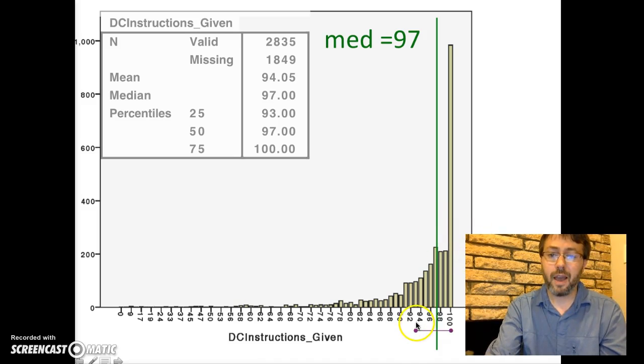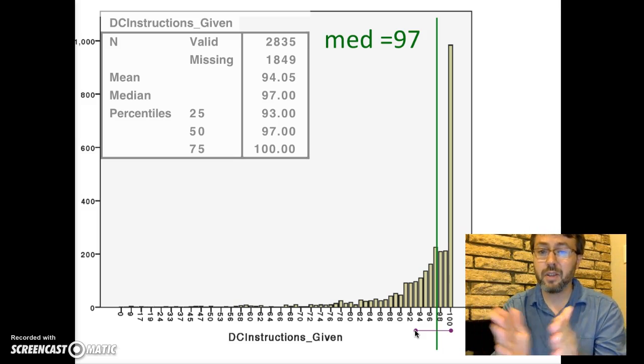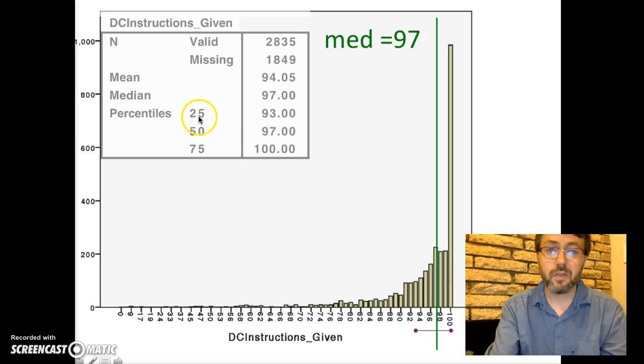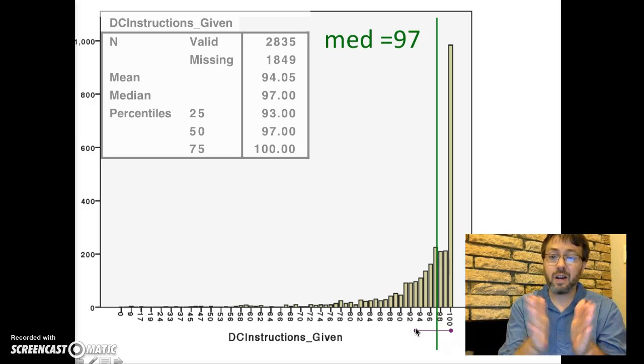Now when we look at the purple dots, that is the interquartile range. So it's the range from the 25th to the 75th percentile. And you can see from the calculated numbers, the 25th percentile is 93% right here, and the 75th percentile is 100%. So the total range around this median is only 7 percentage points. So it's a very narrow range of diversity around that median.